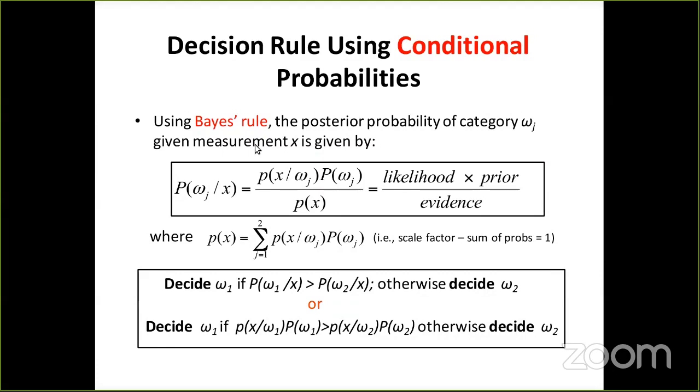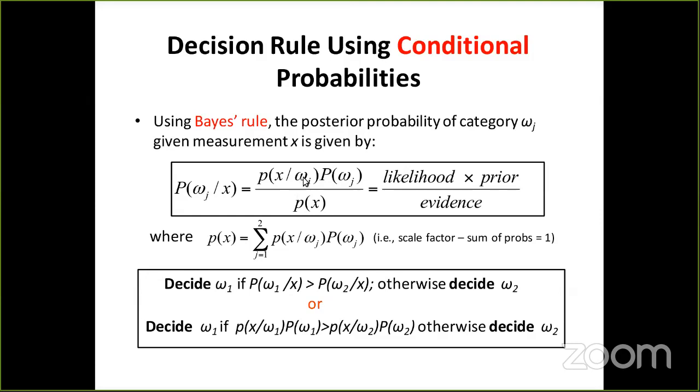Now let's look at a more interesting case, which is p of omega given x. If we make some observation, what is the probability of the data belonging to that particular class? This is where Bayes rule comes into the picture. We have p of omega given x is p of x given omega into p of omega divided by p of x.